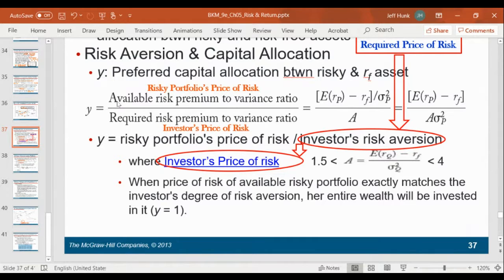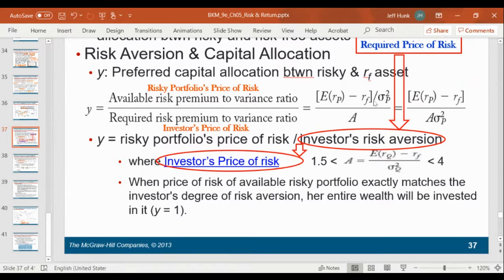In other words, it is defined as the available risk premium to variance ratio, which is the risky portfolio's price of risk, over the required risk premium to variance ratio, which is required by the investor. Available means the risky portfolio.